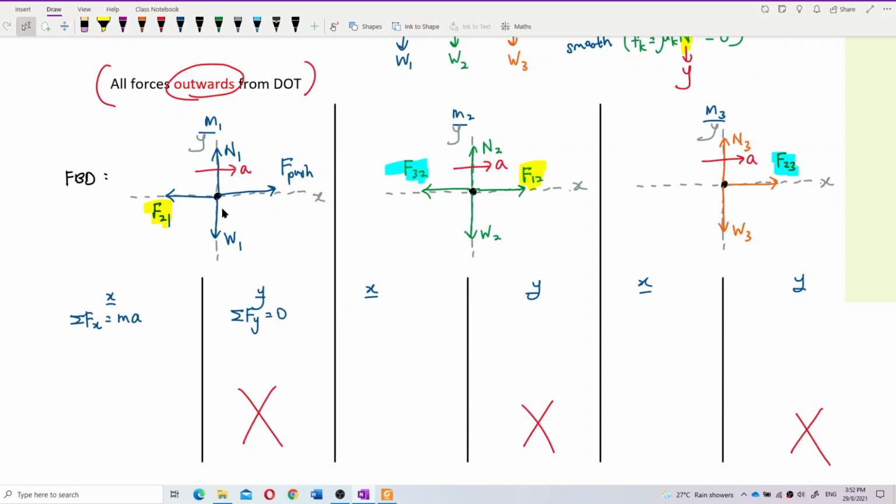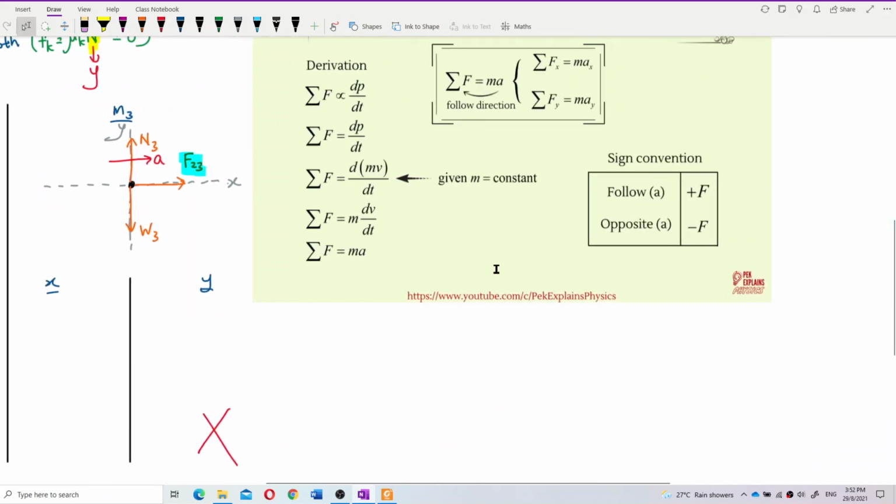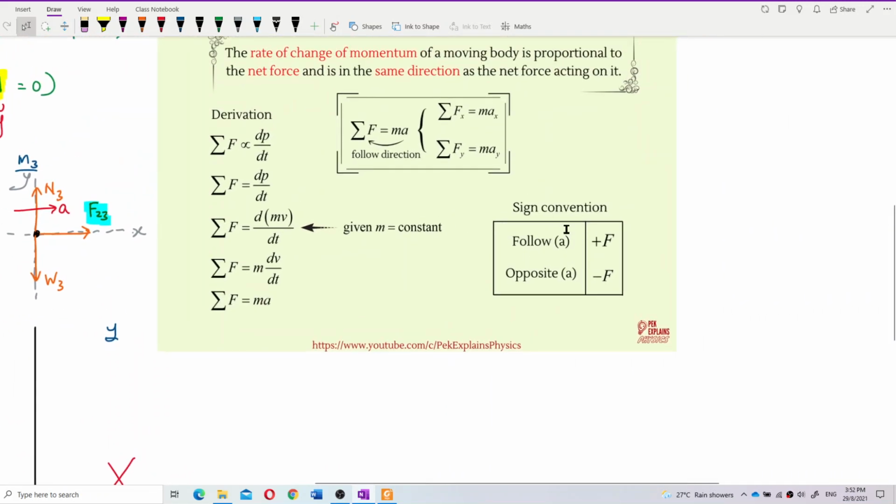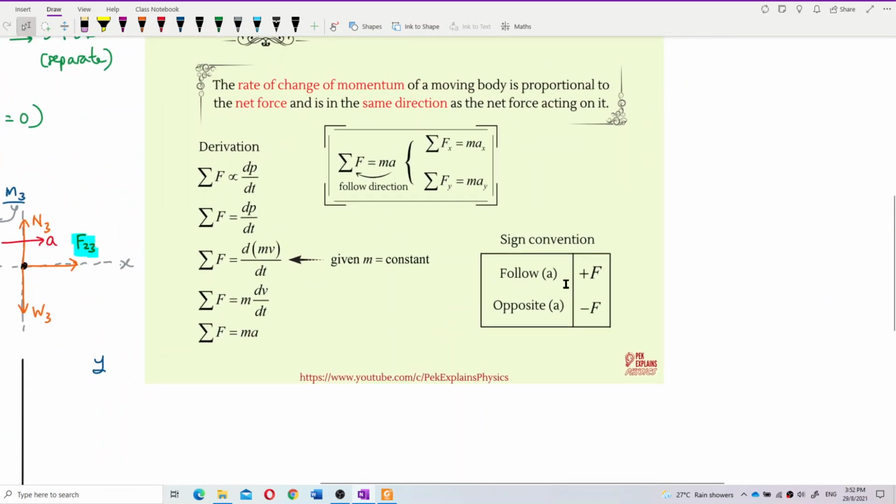Acceleration is only in the x component. If you have acceleration, you need to compare the forces with the acceleration. Following the acceleration is a positive force, opposite the acceleration is a negative force.